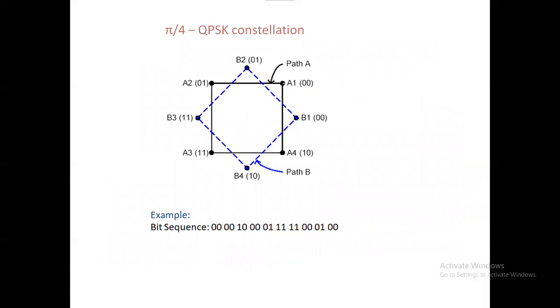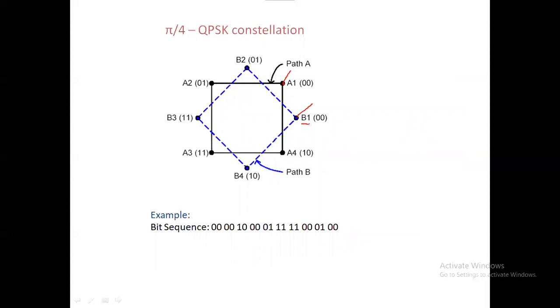For example, the initial offset is pi by 4 for path A, and for path B the initial offset is 0. So we have path A for the A constellation and path B for the B constellation.